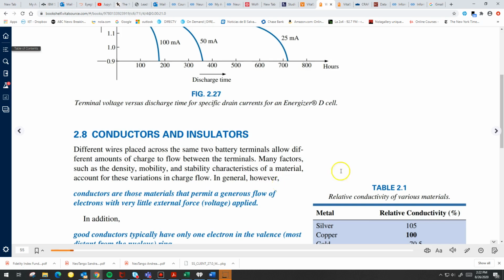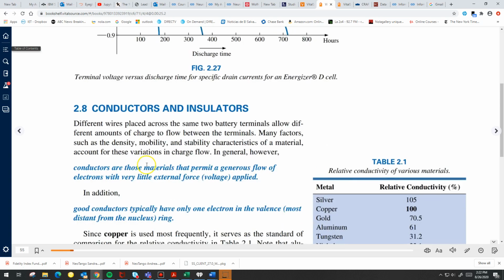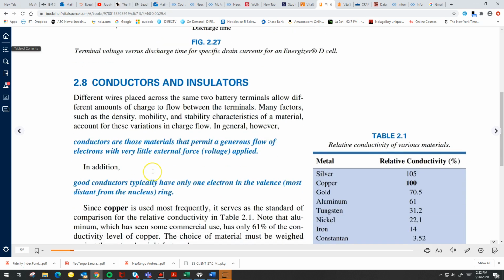All right. The last thing I want to talk about in this chapter is conductors and insulators. As the name implies, conductors are those materials that will allow the flow of electrons easily through them.